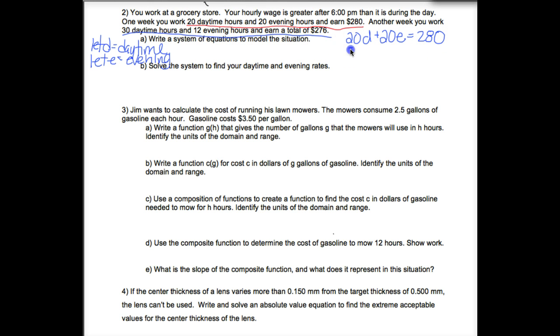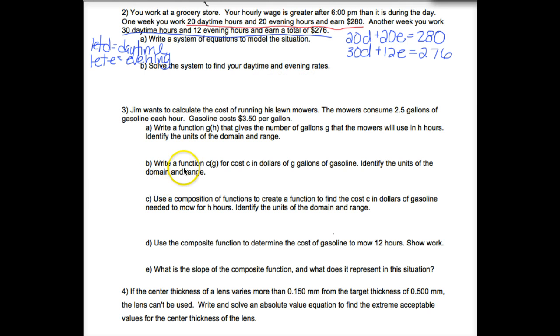On the bottom, we had 30 daytime hours, 12 evening hours, and when we added those together, we earned a total of $276.